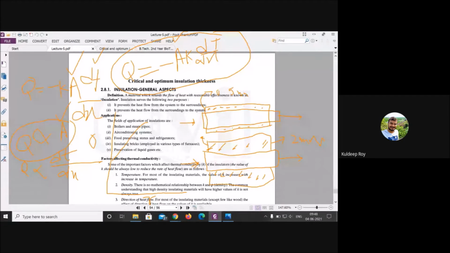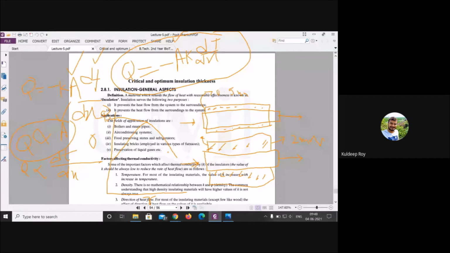It will increase because it depends on your area. As you increase the area, heat transfer will be very high. At some point, it will reach the maximum. It will be the Q max here. After that, it will get reduced.